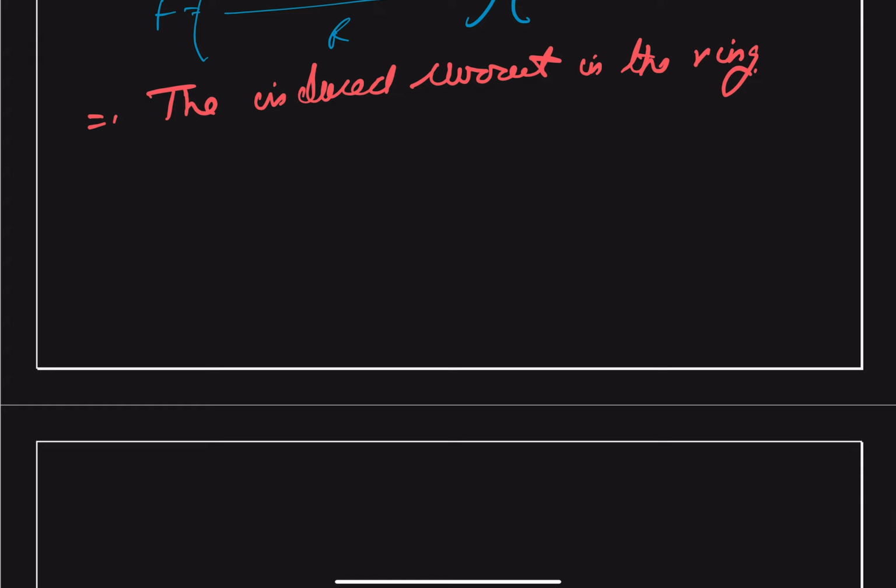The repulsion will be balanced by the weight of the ring, because it will try to lift up, and the weight will try to pull the ring downward.